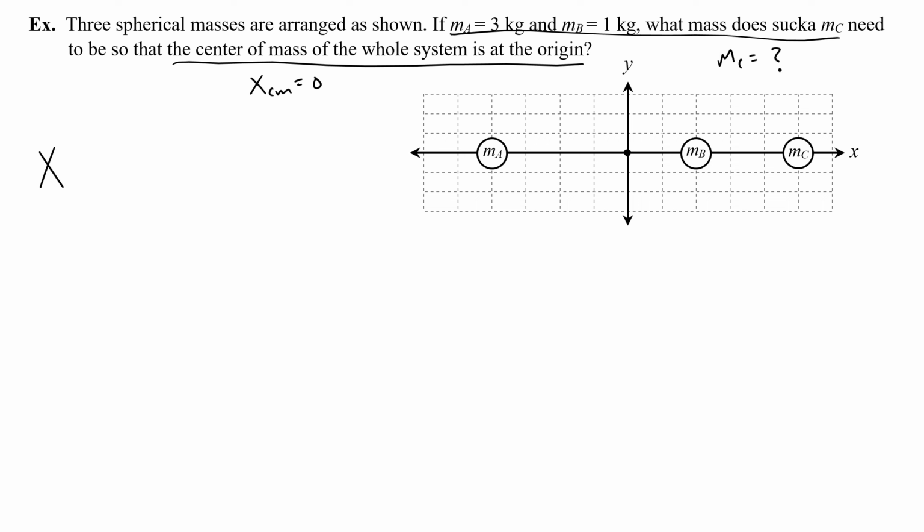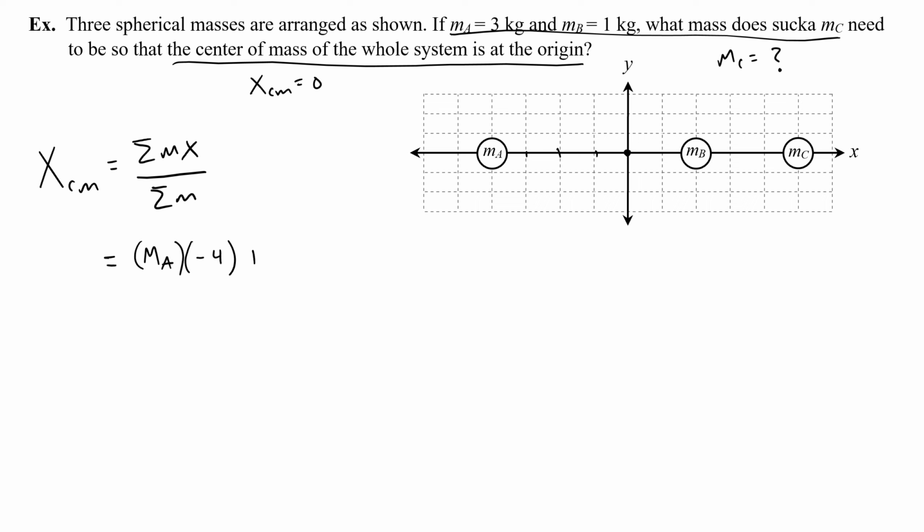So let's use our equation. X center of mass is sigma mx over sigma m, and let's add up all of these different masses and locations. First, we're going to get M_A times a location, and in this case, I don't have any units for the location, so I'm just going to use a number. M_A is at 1, 2, 3, 4, negative 4.